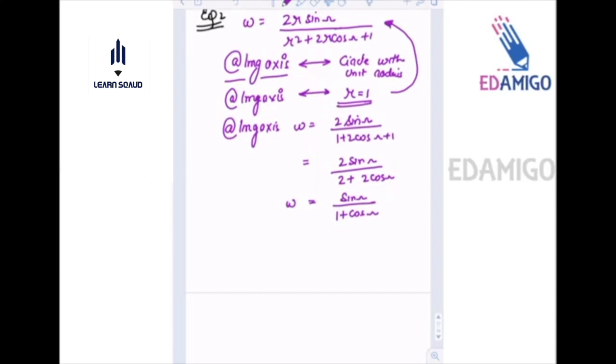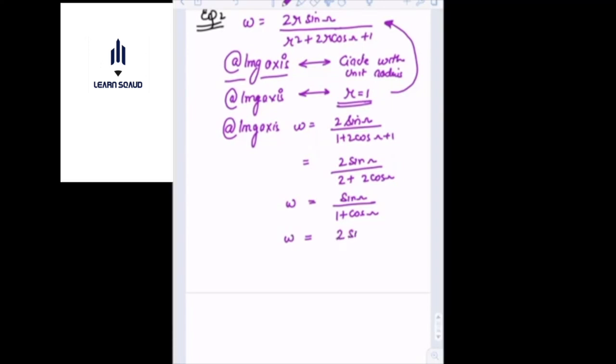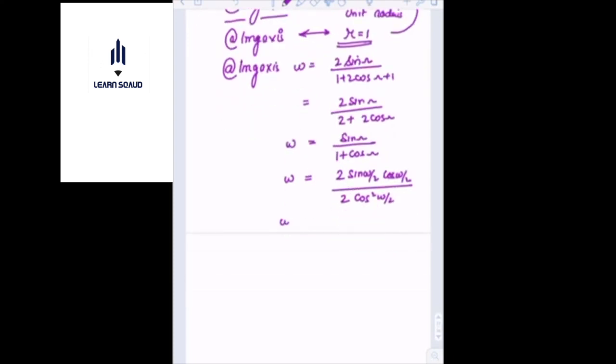Now this can be easily transformed into omega equals 2 sine omega by 2 cos omega by 2 divided by 2 cos square omega by 2, sorry, sigma.